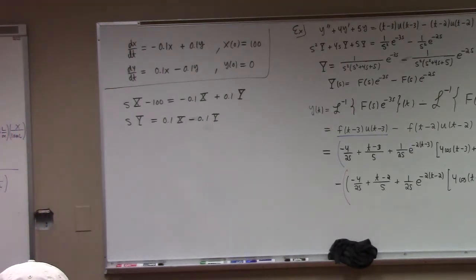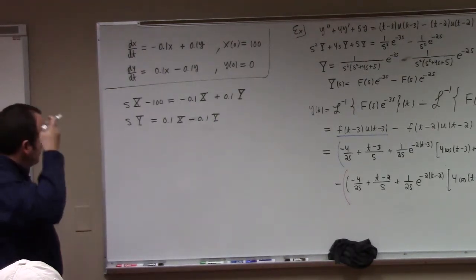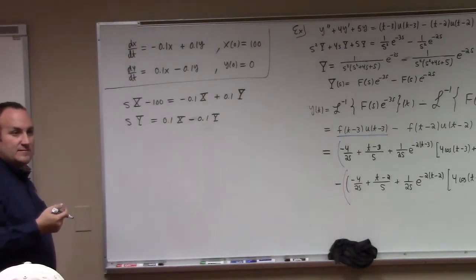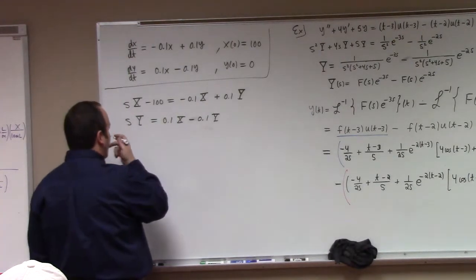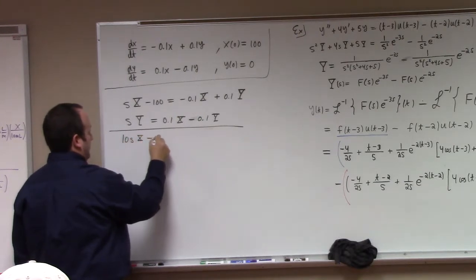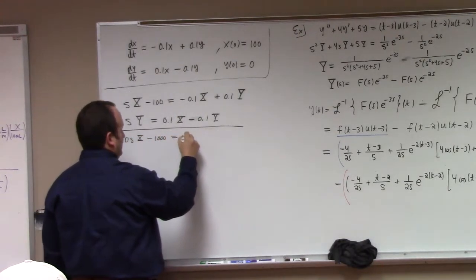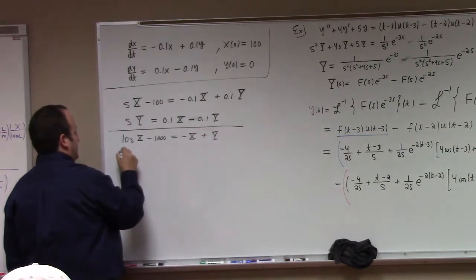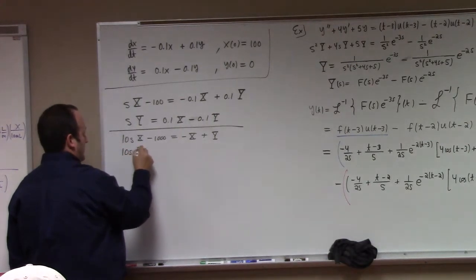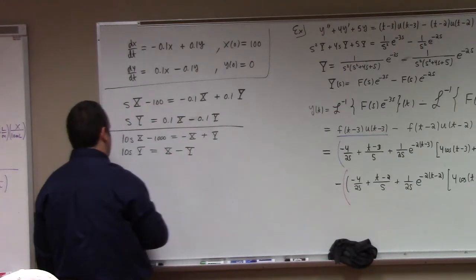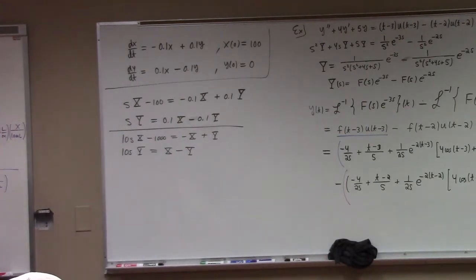And now I got two equations, and I got to solve them, right? I hate these 0.1s, so if you don't mind, I'm going to multiply both of these equations by 10. Multiplying by 10, I've got 10sX minus 1,000 equals to minus X plus Y, yeah? And 10sY equals to X minus Y. How would you solve these equations now that I've gotten rid of those horrible decimals? I mean, substitution probably is a good way.